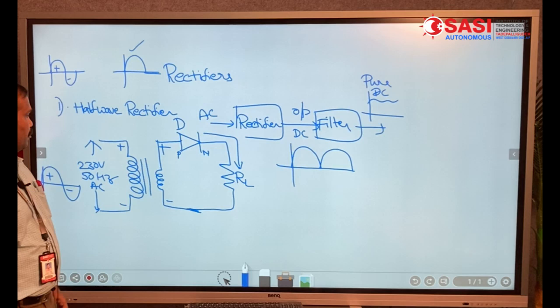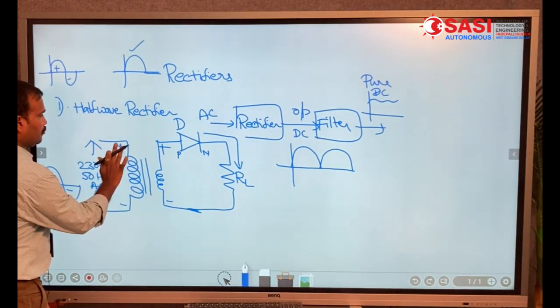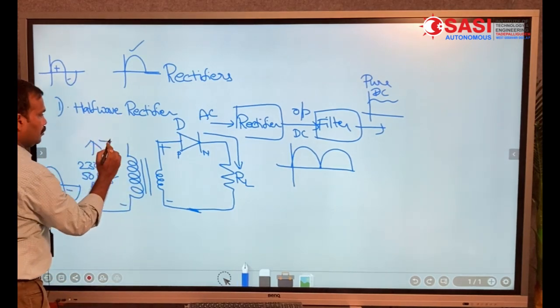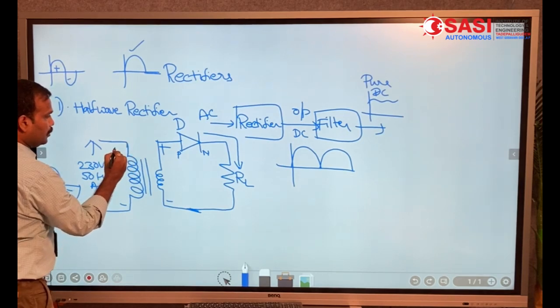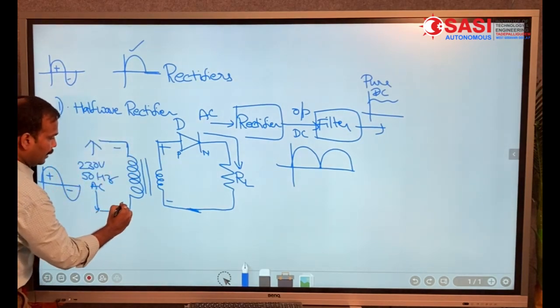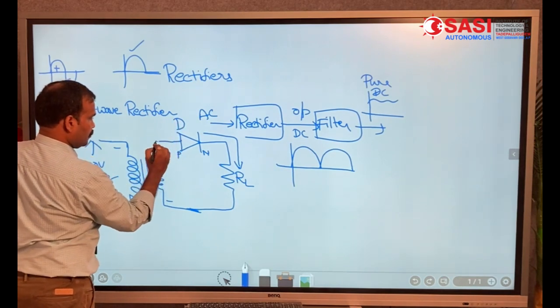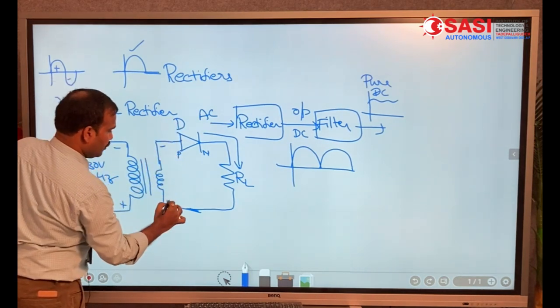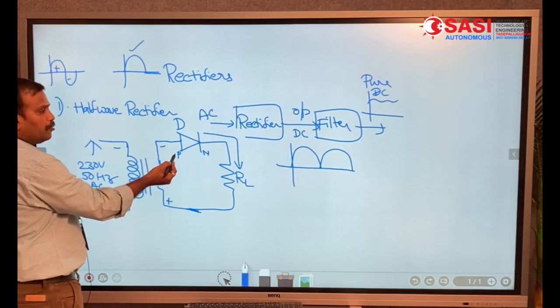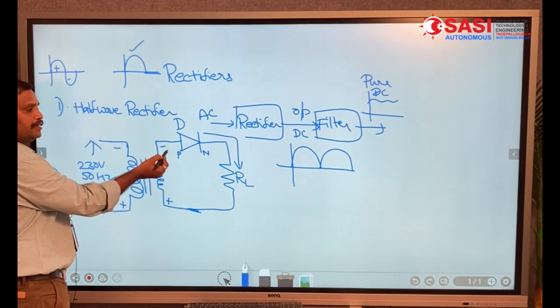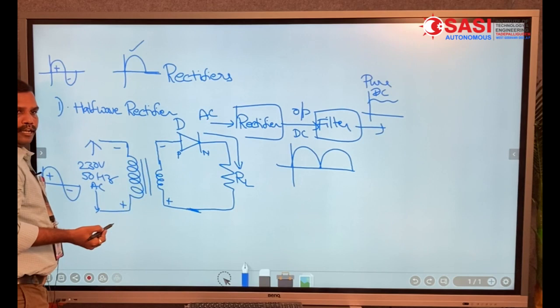During the negative half cycle, this will get negative and this will get positive. The same polarities come here. Now the diode D becomes reverse bias, hence no current flows through the diode.